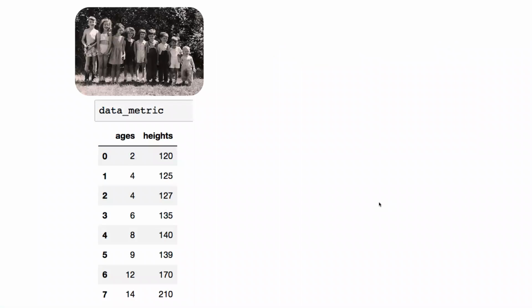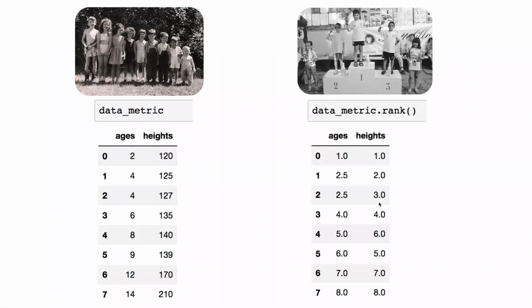The Pearson correlation is exactly what we talked about. It's that relationship divided by the variance. The Spearman correlation is exactly the same thing, but instead of taking the heights, we take the place on the podium of their heights. So the tallest kid becomes 1, the second tallest kid becomes 2, the third becomes 3, or in the other direction. So it's just the rank, what was their position in the podium, and then everything else works the same.